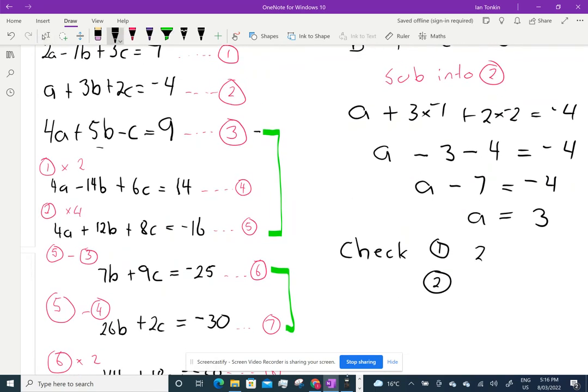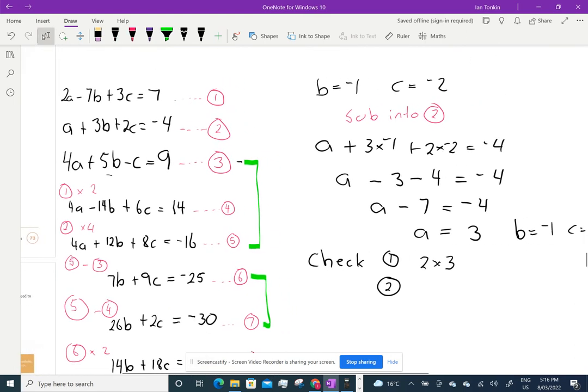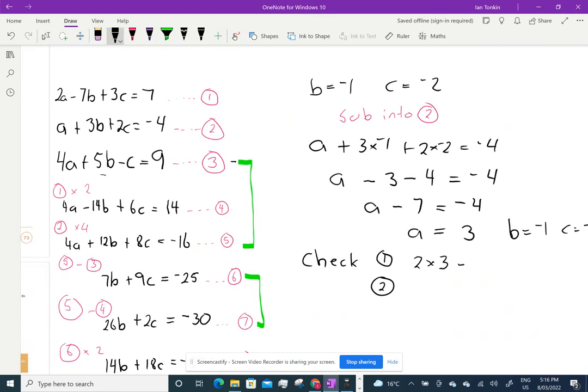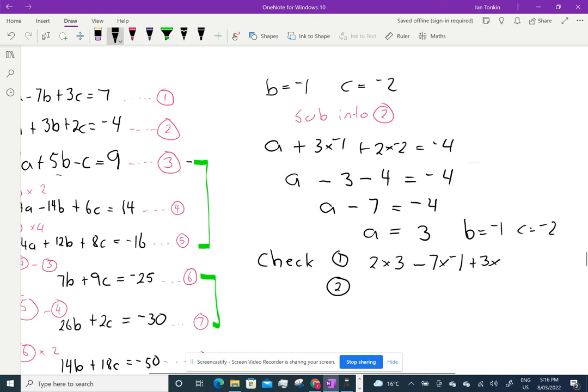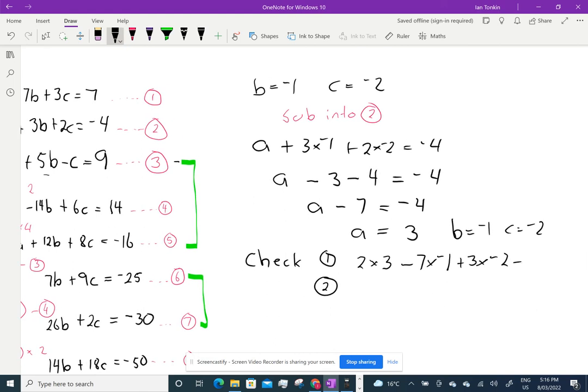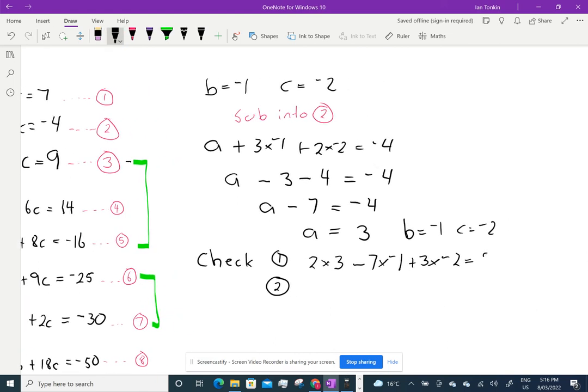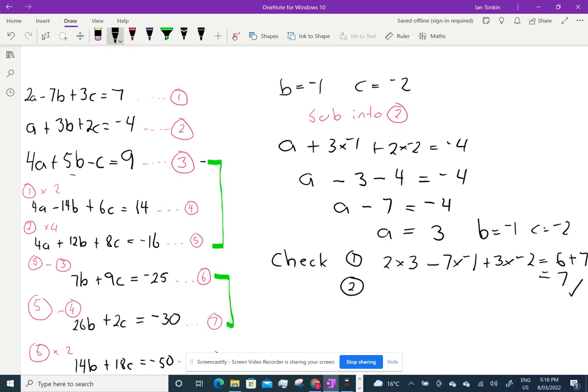So 2 times 3, this is equation number 1, 2 times 3 minus 7 times negative 1 plus 3 times negative 2. Well, 2 times 3 is 6. Minus 7 becomes plus 7. 3 times 2 is then minus 6, which equals 7, and that's correct.